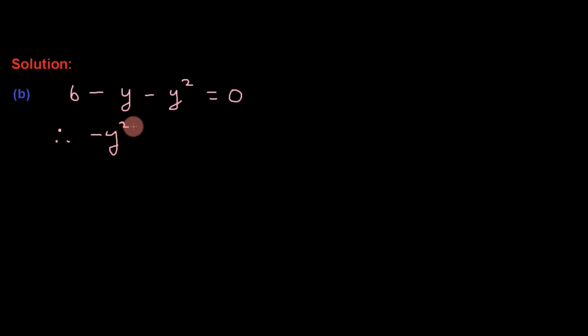So it's minus y squared minus y plus 6 equals 0. This is now in standard quadratic form, and we can write down the values of a, b, and c. So a is the y squared coefficient, which is negative 1. B is the y coefficient, which is also negative 1. And c is the constant, which is 6.